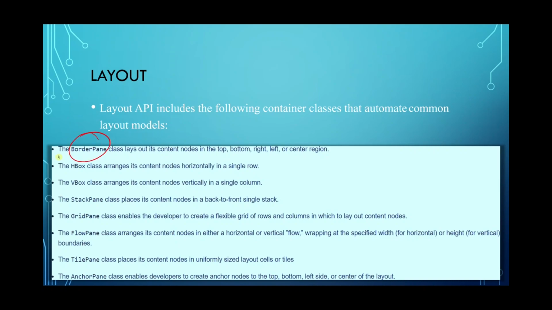The BorderPane class lays out its content nodes in top, bottom, right, left, or center regions, the HBox, VBox, StackPane, and all these things. Now, all these things are going to be given in a separate lecture.